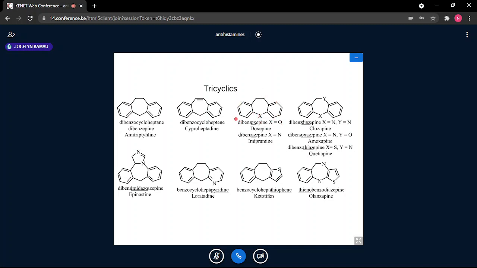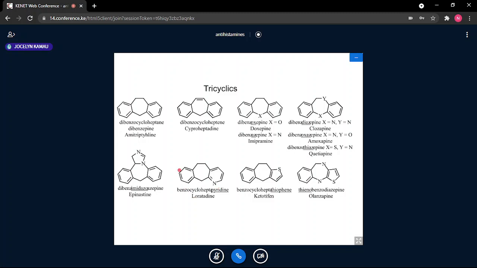So when we look at the tricyclics, mainly we look at the dibenzocycloheptanes, dibenzocycloheptenes, and also the case where the phenyl ring has been replaced. We'll see an example of this in ketotifen, whereby that group has been changed to a thiophene.